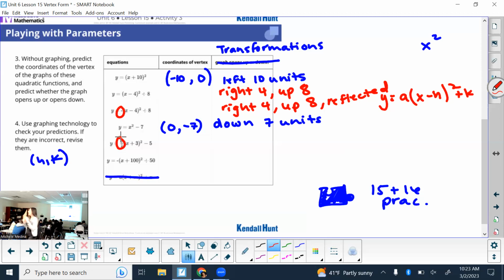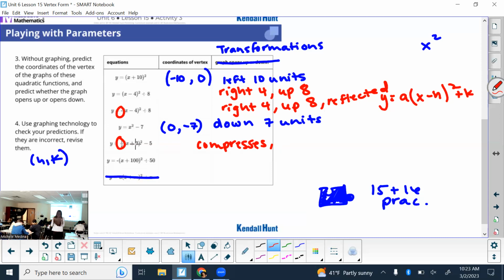So if it's 1/2, is it stretching or compressing? It's compressing. Usually they say by a factor of whatever that number is. So you would say compresses by a factor of 1/2. I think this one on the test just says compresses or stretches. So it definitely compresses because the A is smaller than 1. But it's still not negative, so it still opens upward.